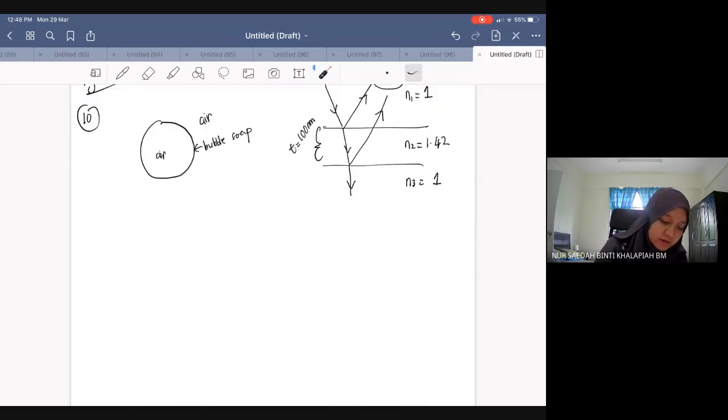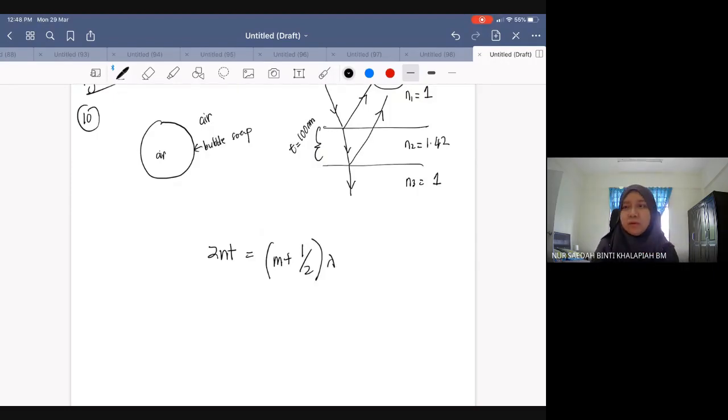So the formula is 2nt equal m plus half lambda. Okay, here is the formula. So kita boleh masukkan nilai 2. And here is an index of refractive. Okay, so index of the thin film, dia adalah 1.42.